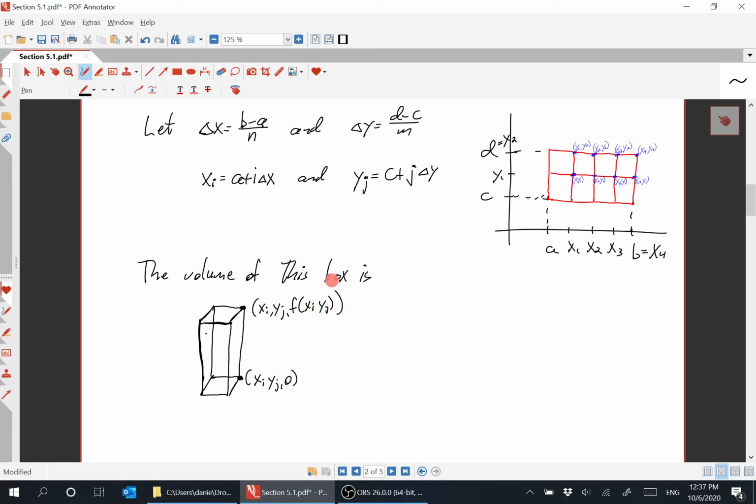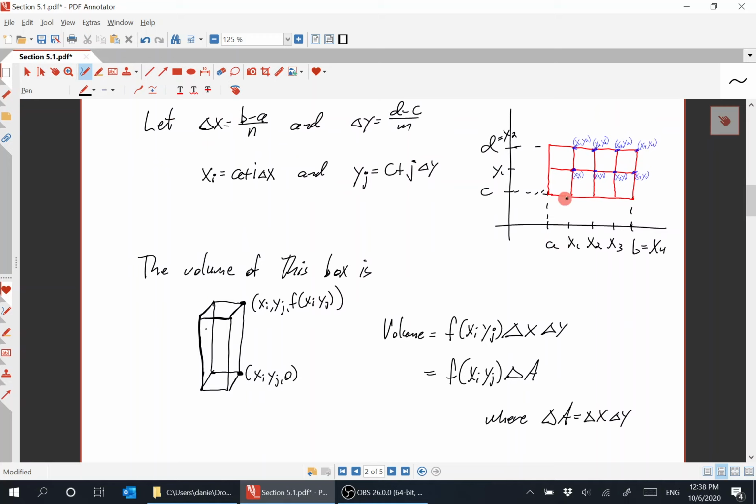So the volume of this box here is the area of the base, right, times the height. So the height is f(x_i, y_j). And the length and width are delta x, delta y. Right, so this volume is f(x_i, y_j) delta A, where delta A equals delta x delta y.